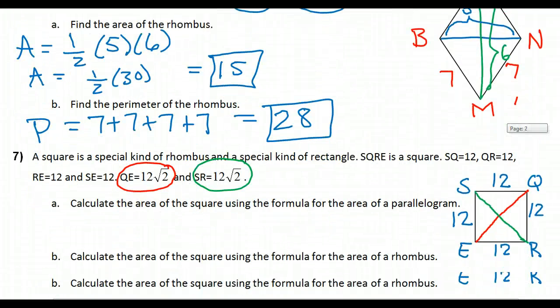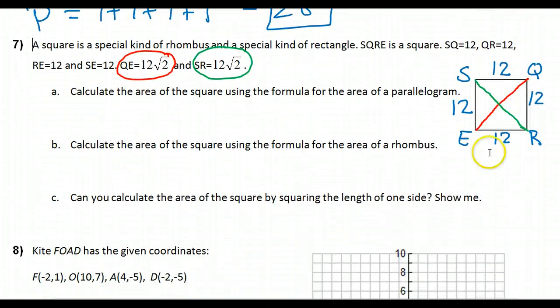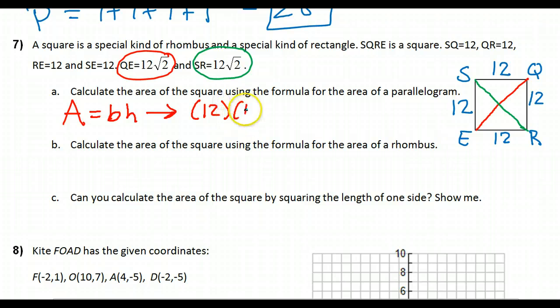That should work for a square because it is a parallelogram. Well, look, the base is 12 and the height is 12. So looking at it that way, base times height is just going to give me 12 times 12, which is 144.